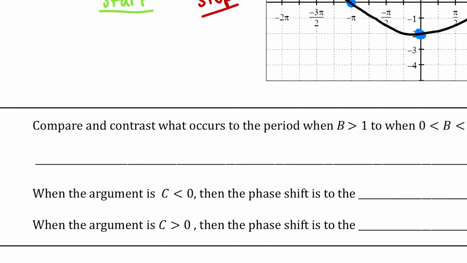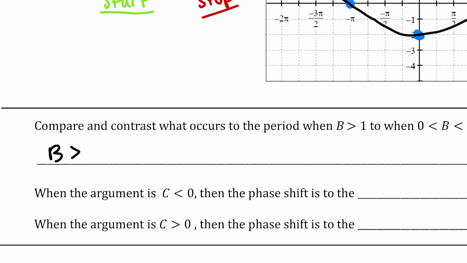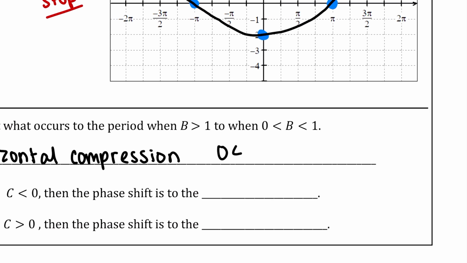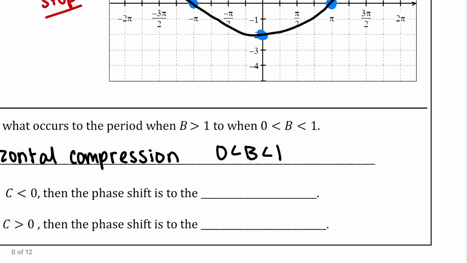So whenever b is greater than 1, that is a horizontal compression, right? It squishes. And then whenever we're in between 0, excuse me, 0 and 1.